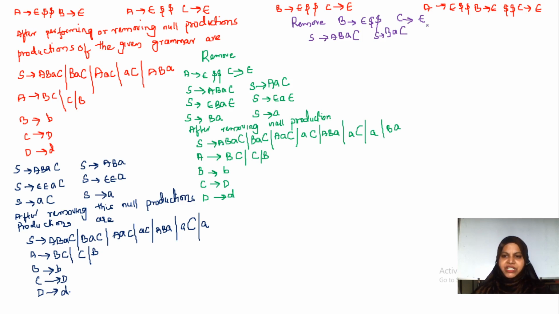So there is no combination of B, C. So S tends to A, epsilon, A, epsilon. So S tends to A. S tends to epsilon, A, epsilon. S tends to A. S tends to A is there.